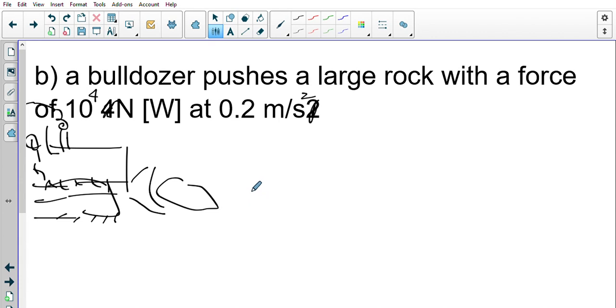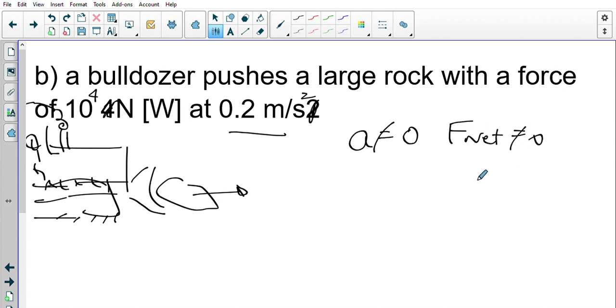They're pushing it in this direction, and they're using a force of 10 to the fourth newtons. It's accelerating. The acceleration is not equal to 0, which means our net force is not equal to 0.